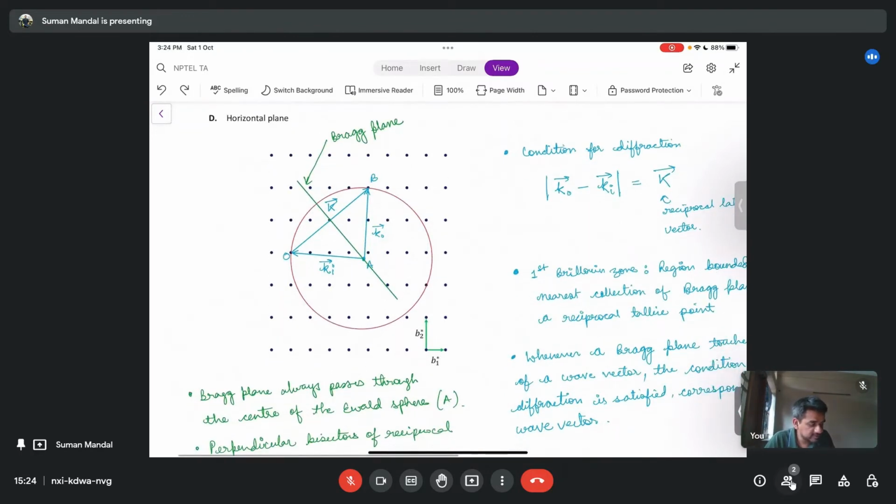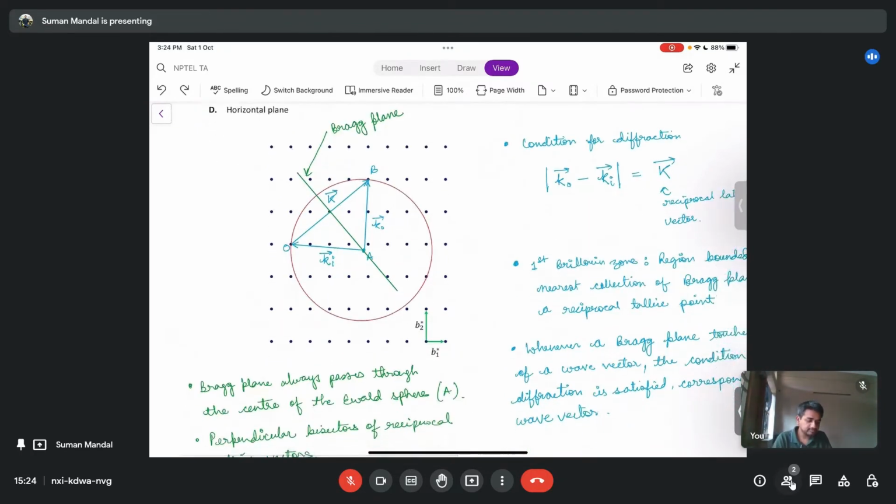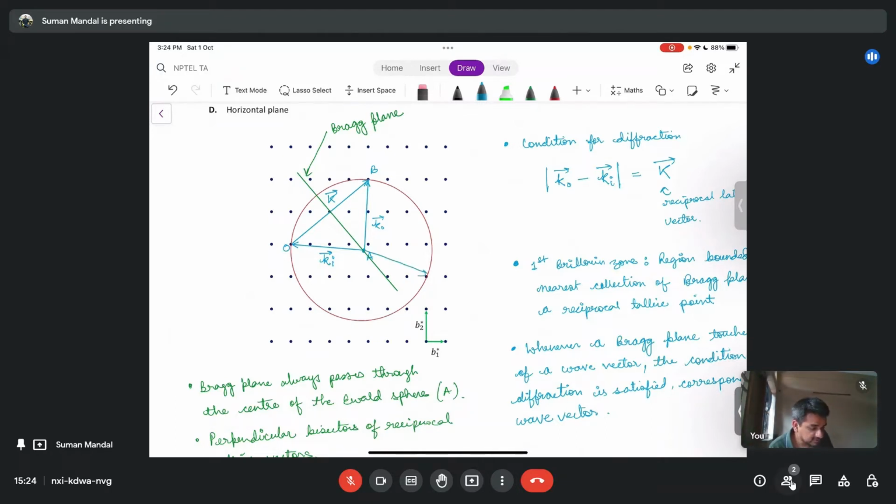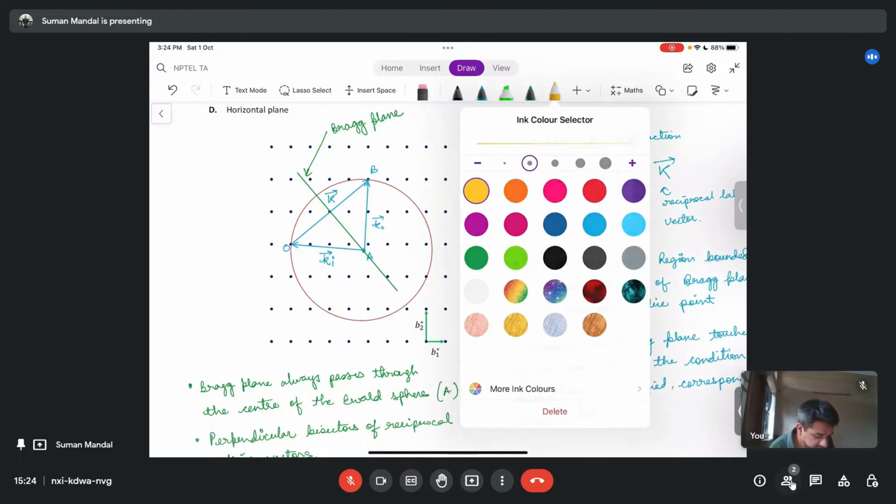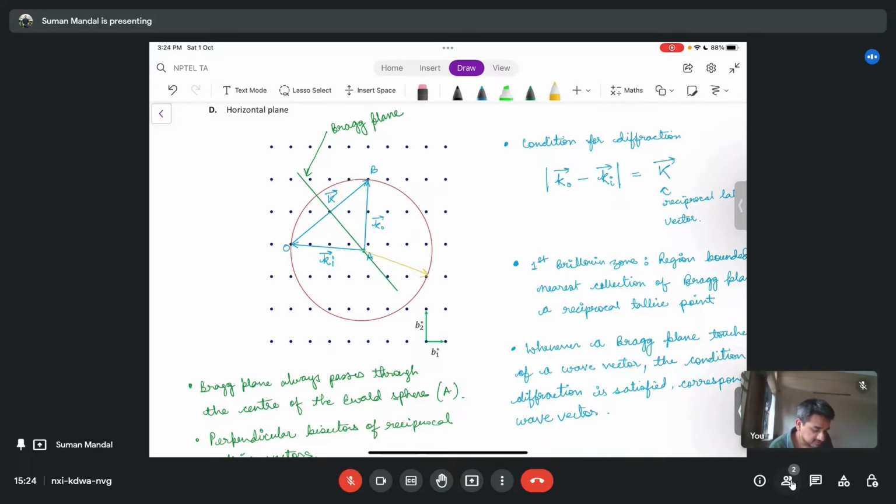I hope the importance of Bragg planes is clear. So it also depends. For example, there's also a diffraction condition for this point, and then we can draw another wave vector. So at this point, we again have a reciprocal lattice vector, and it causes a diffraction. If we try to draw the Bragg plane, it will be perpendicular to this.